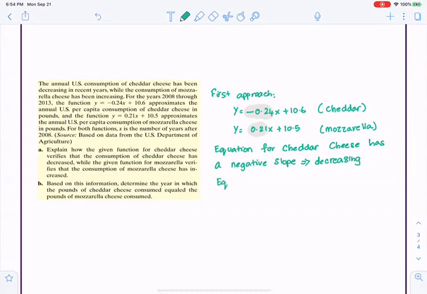The equation for mozzarella cheese has a positive slope, which would imply that the line is increasing.